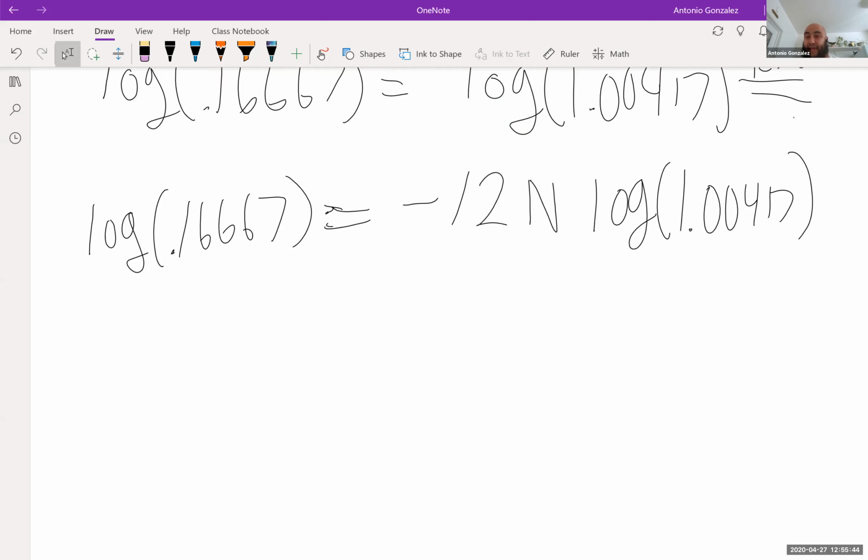Okay, and now notice how I've really helped myself out here. Now it's simple, right? Now I can isolate that n here, this is just multiplying numbers.